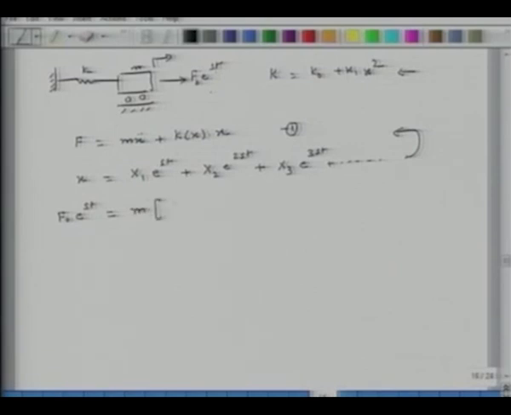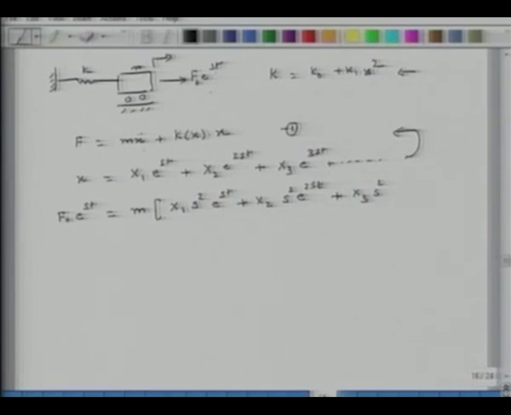So mass times x1 s square e^(st) plus x2 s square e^(2st), I'm sorry, 4 x2 s square e^(2st), plus 9 x3 s square e^(3st). Mass times acceleration.